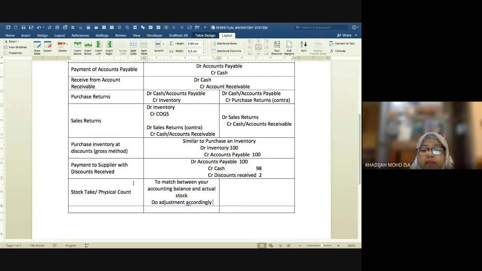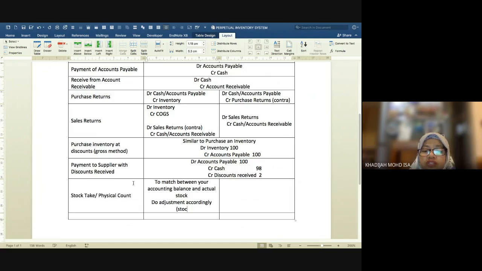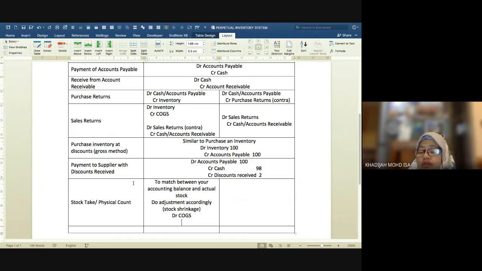Most of the time, you will have to do an adjustment for stock shrinkage. How do you do the adjustment? You debit your COGS and credit your inventory account. When there is stock shrinkage, you have to reduce your inventory value. So that's why you debit COGS and credit inventory.